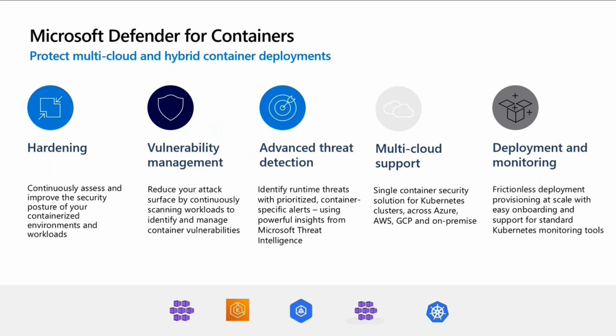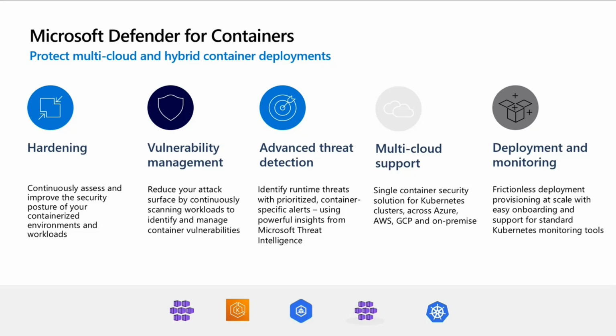And I'm just trying to move through the slides so I can jump to the demo so I can show you. But I do want to cover some of this stuff. Like Defender for containers, it helps with environment hardening. It protects your Kubernetes clusters where they are. So it could be Amazon EKS, it could be in GCP, it could be on-prem. So it's a great service.